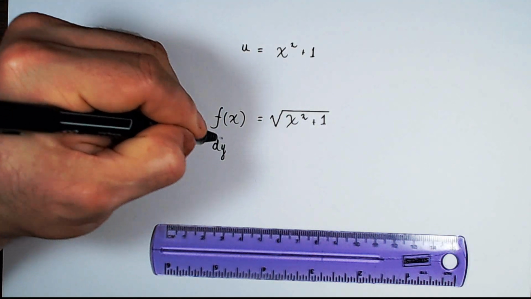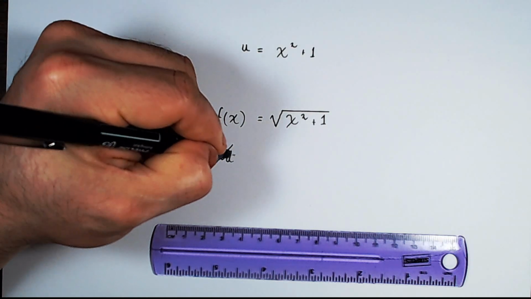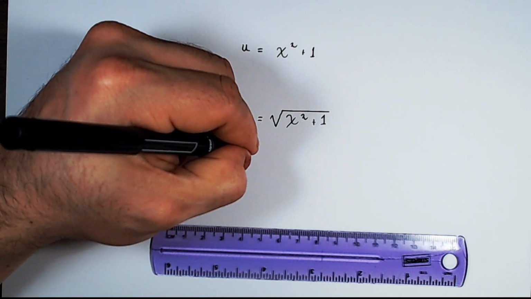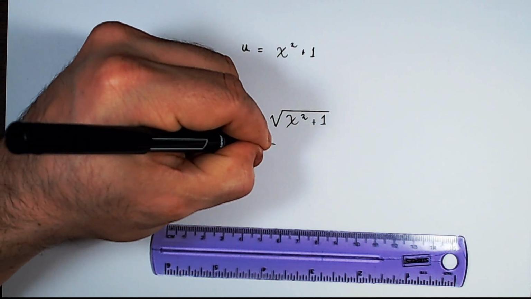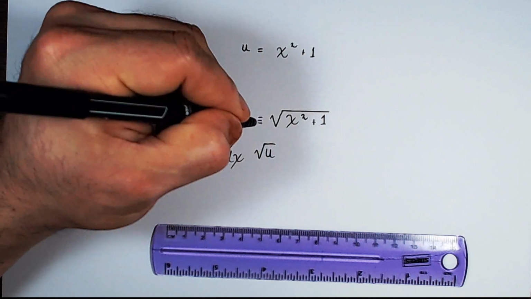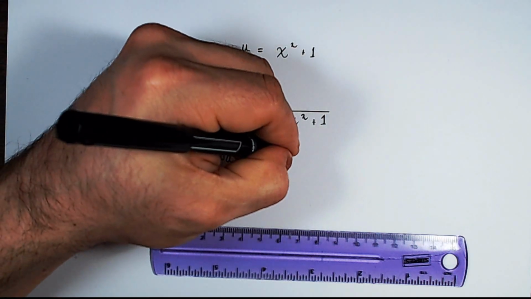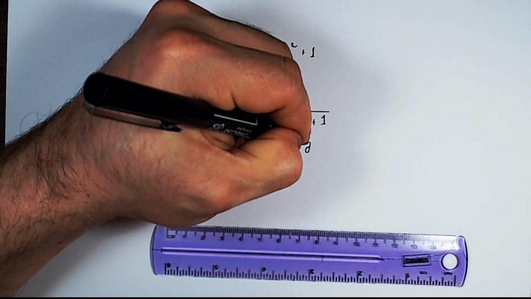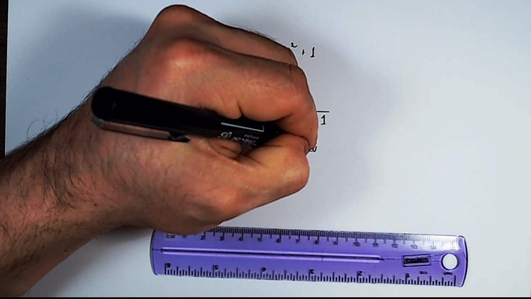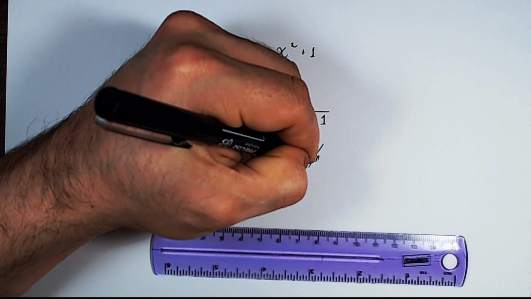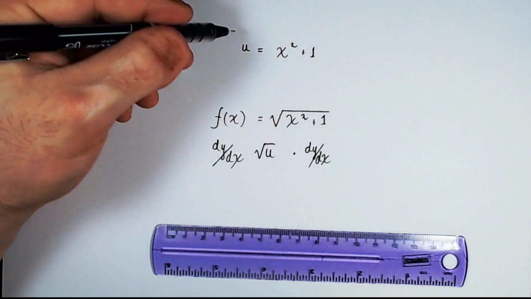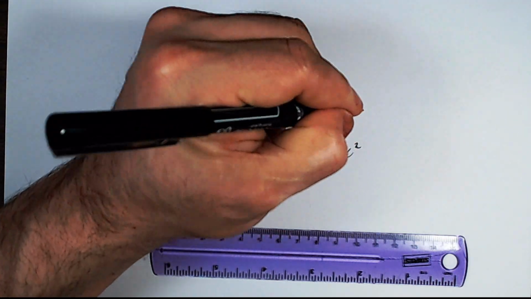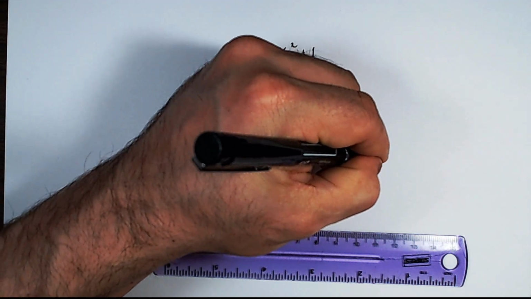And what we're going to do is take the derivative dy dx of the square root of u, and then multiply it by the derivative of what u is, which is x squared plus 1.